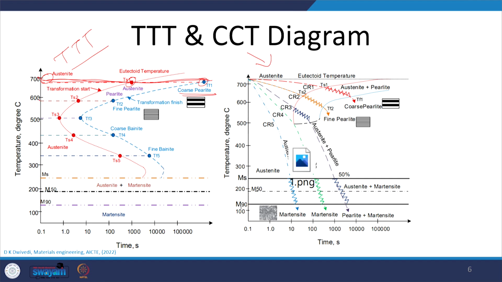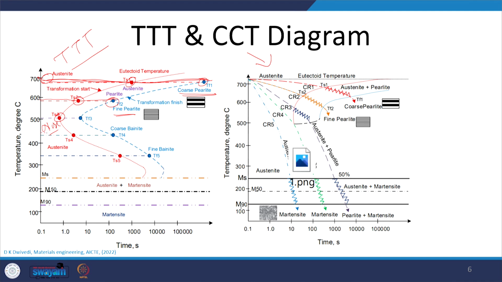Okay. When the steel is subjected to lower transformation temperatures, what will happen? Say this temperature is T2, another, lower temperature, then the transformation will start earlier and end earlier, and it will result in fine pearlite. At a further lower temperature, say this is the nose of the diagram, the transformation will start at the earliest and end earlier.